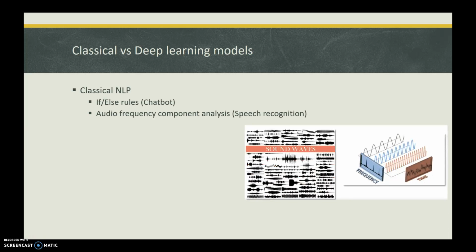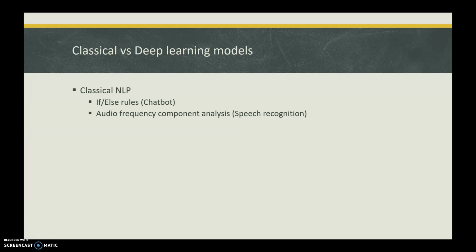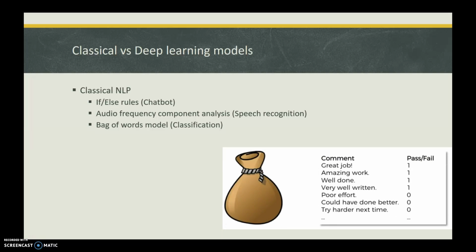And the sound waves can be stored and used as a base for later processing. In classification models, we have bag of words, which you may have known about for its accuracy and its facility.